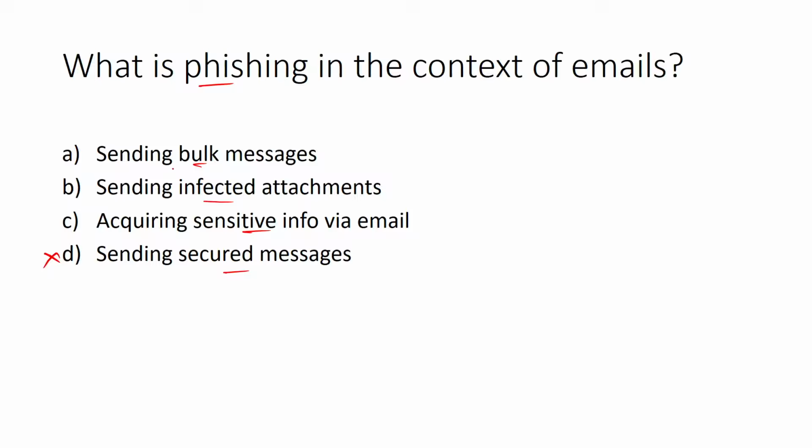Sending bulk messages is called spam. Sending infected attachments can be, but acquiring sensitive information via email is called phishing, because we are trapping the person whose email it is and then acquiring the sensitive information. So option C.